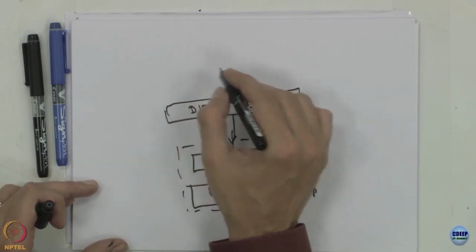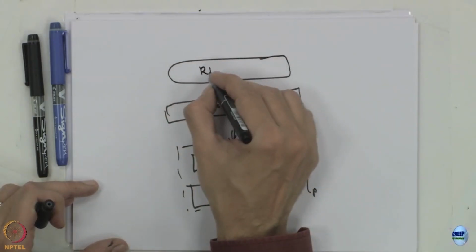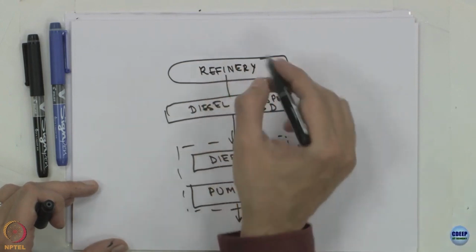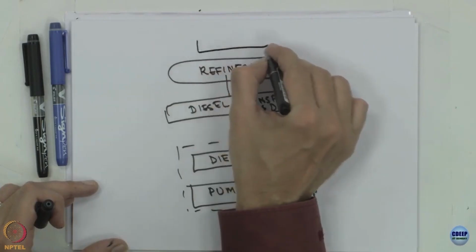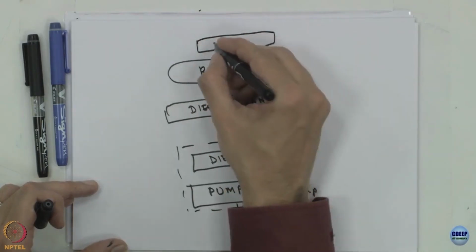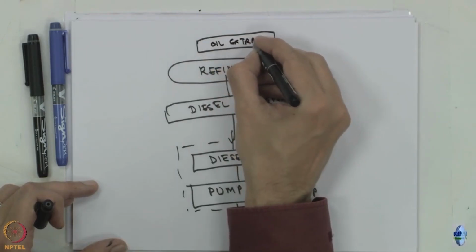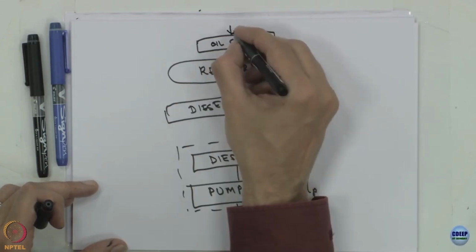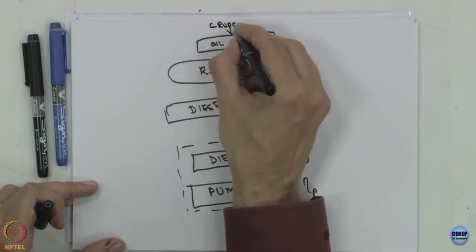And then we have the refinery, and then maybe the oil well, oil extraction, and then this is the primary energy, which is crude oil.